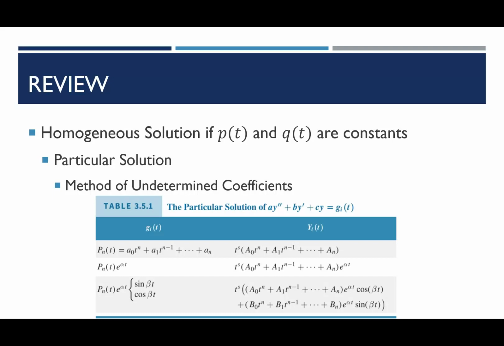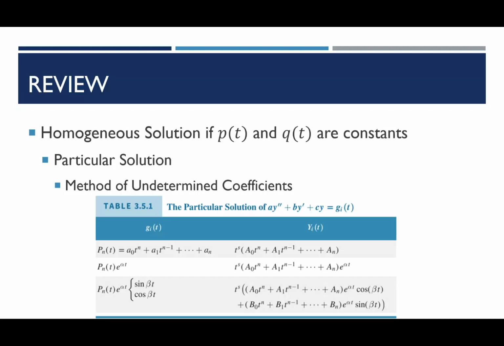But if your homogeneous solution had t squared in it, which it's not going to from what we have, then you would multiply everything by a t. So your polynomial would go from one higher power of t down to t to the 1. It's not going to have a constant term.